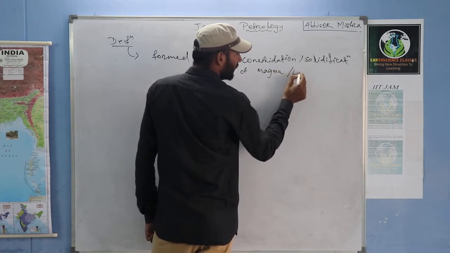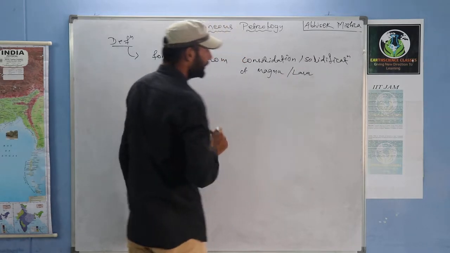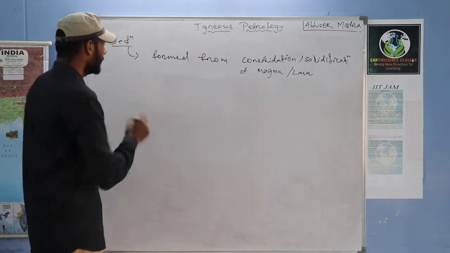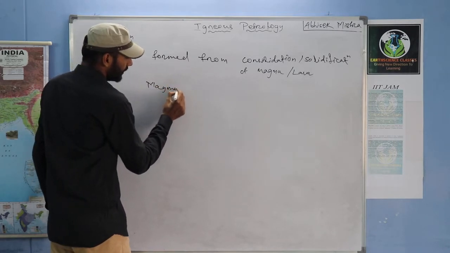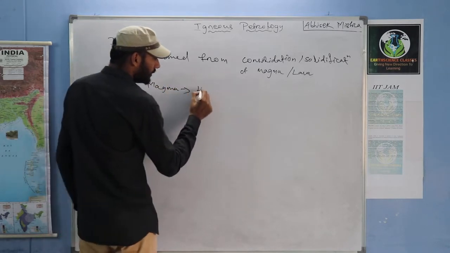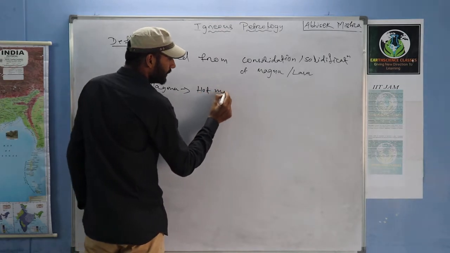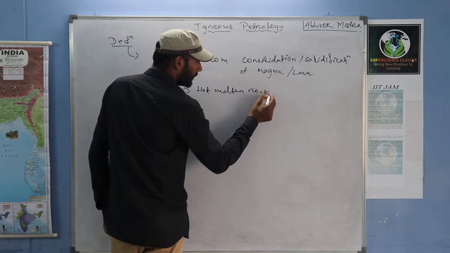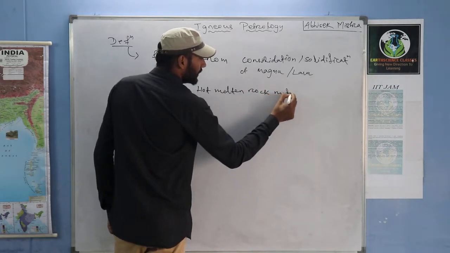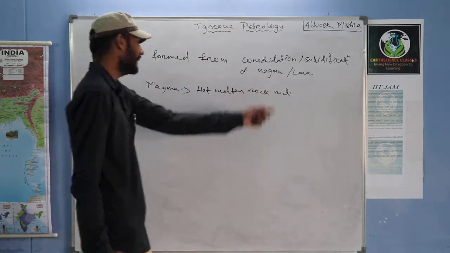Magma or lava, right? Then what is magma? What is lava? Magma is, as all of us know, hot molten rock matter. Hot molten rock matter, right? What is lava?